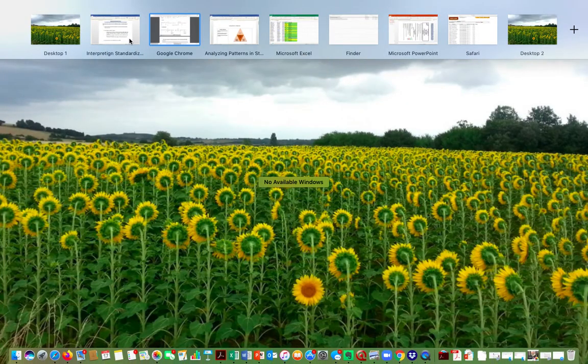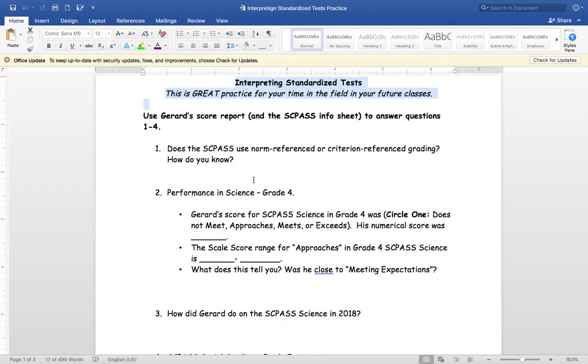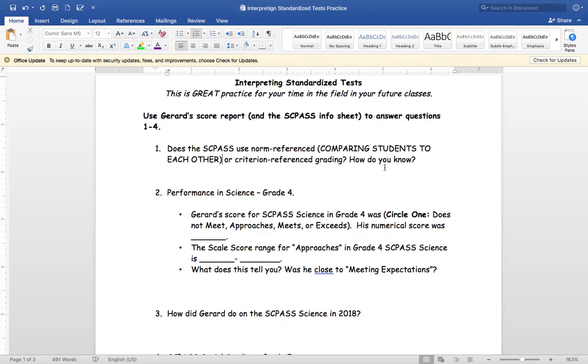So let's look at our questions. Does South Carolina PASS use norm referenced or criterion referenced grading? Remember, if it was norm, this would be like comparing students to each other.